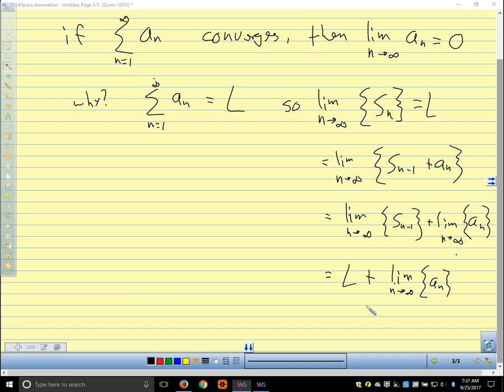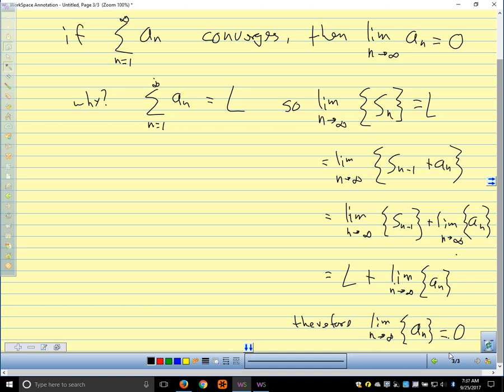And we know that the sum is L, this limit is L, so the limit as n approaches infinity of a sub n has to be 0. So our nth term has to approach 0. I just wanted to show it's easy to see why this is the case.